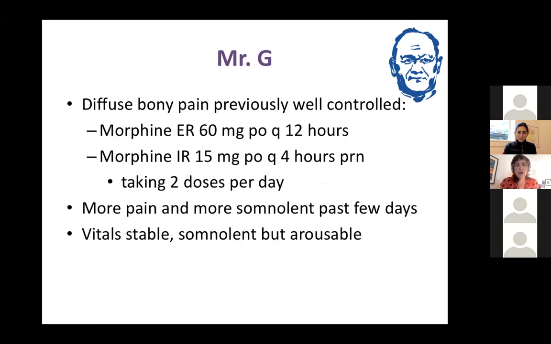A little bit more information about him. He's been taking long-acting morphine at home, 60 milligrams every 12 hours, and then some breakthrough that he's taking a couple of times a day. He has more pain and is more somnolent over the past few days. When you go to see him, he's hemodynamically stable, but he's pretty sleepy.